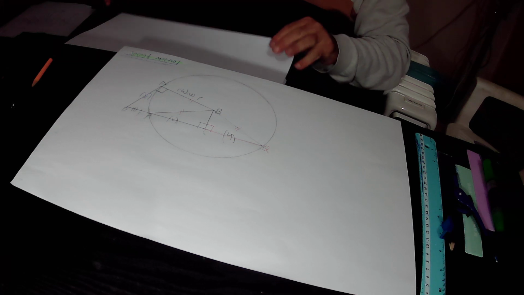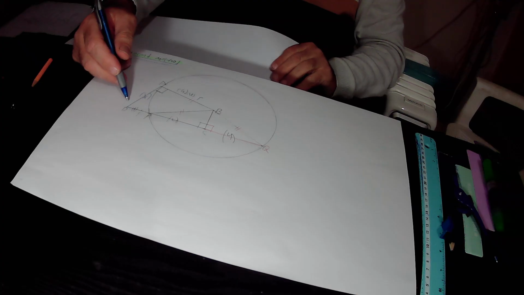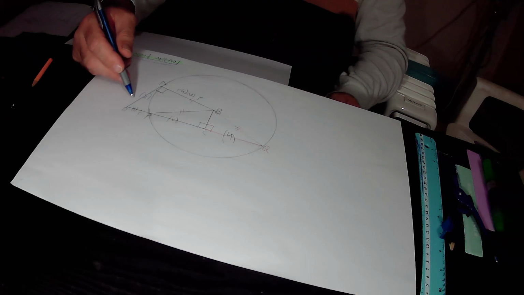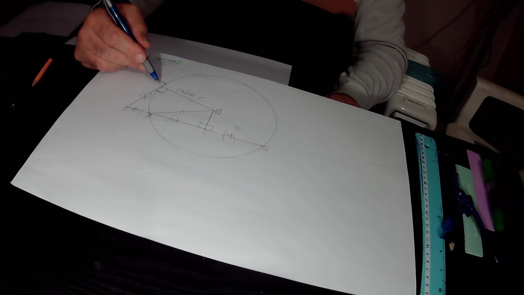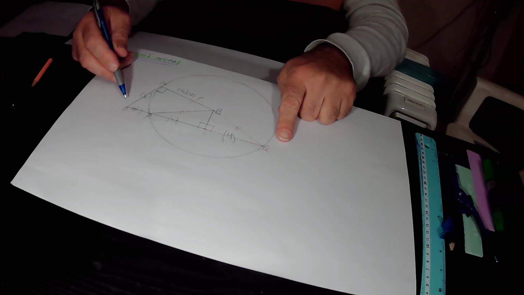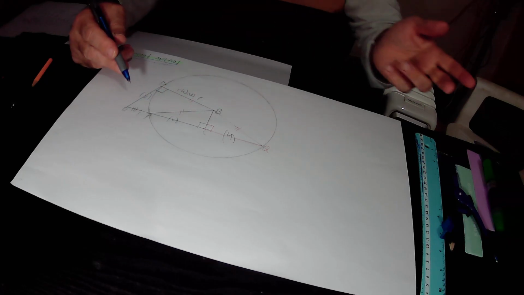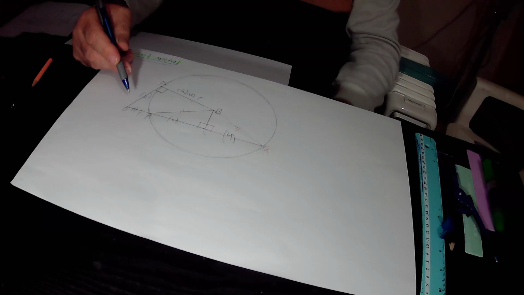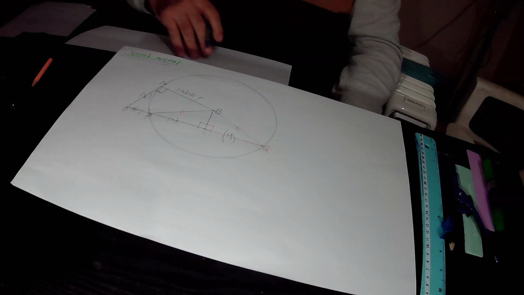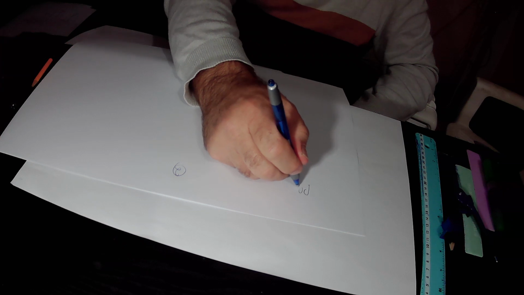If we focus on this common external point D, from the common external point D, we have tangent DA, that is tangent to this circle at point A. Likewise, we have secant DQ, that cuts the circle at two points P and Q. So all the requirements of the tangent secant theorem are satisfied, and therefore I can implement it here.